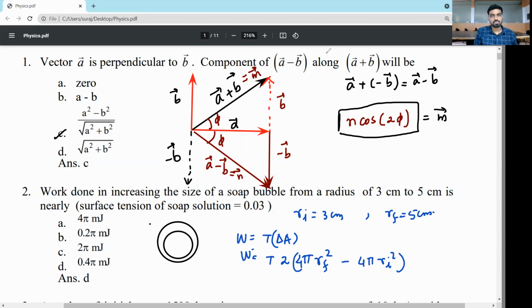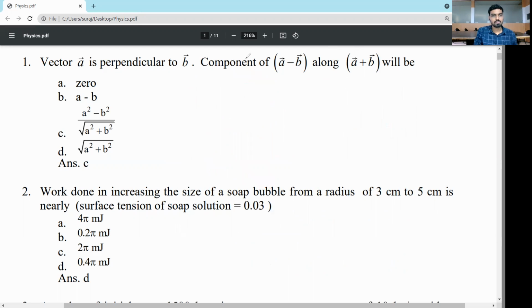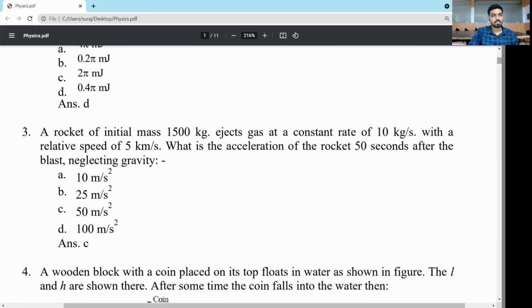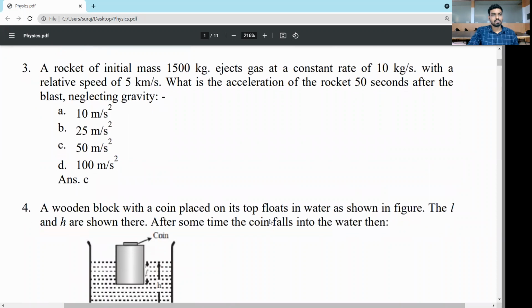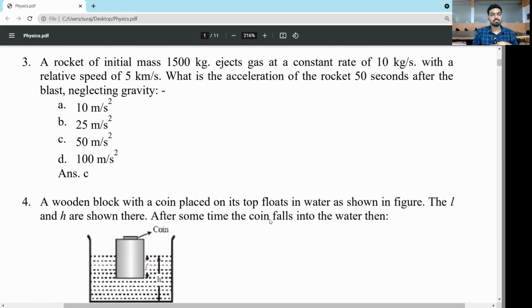Coming to the third question. A rocket of initial mass 1500 kg ejects gas at a constant rate of 10 kg per second.